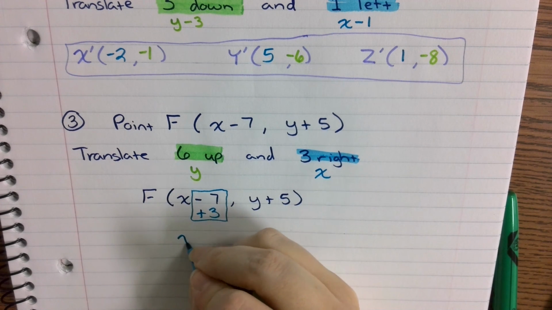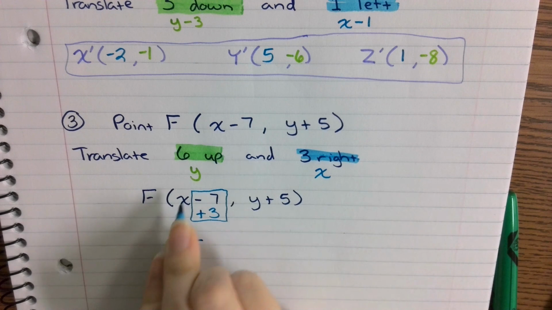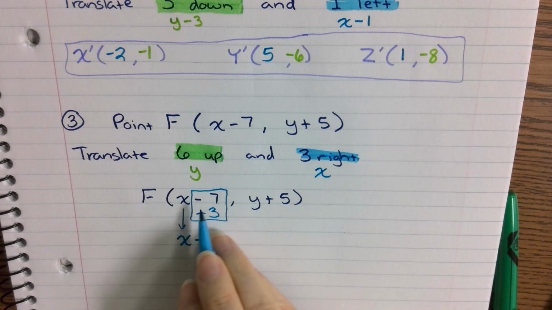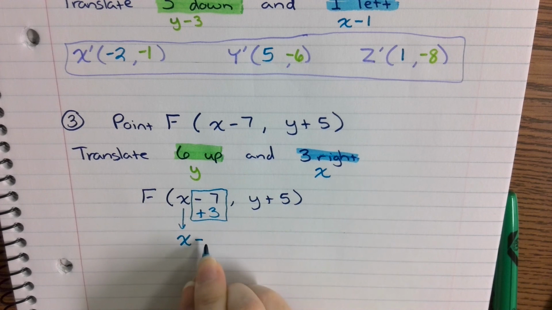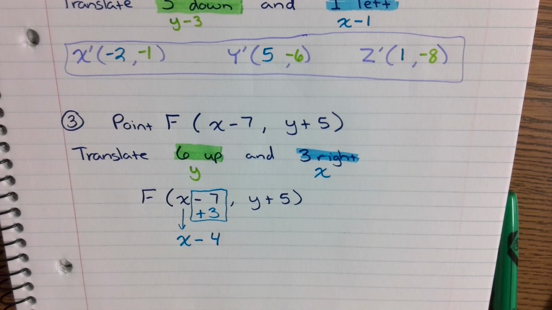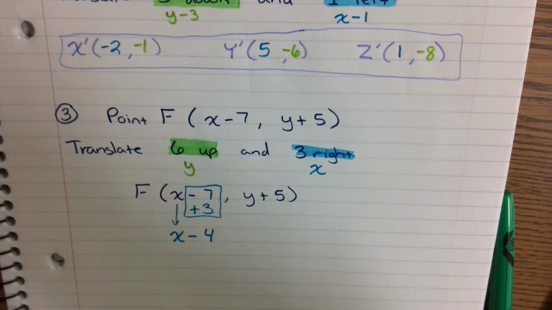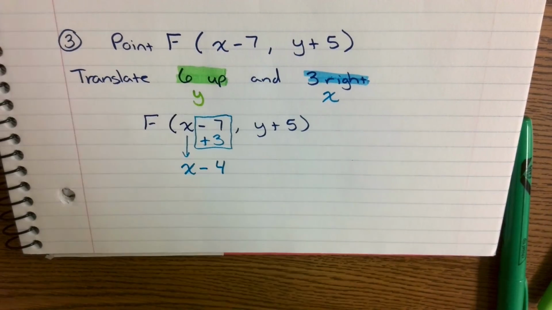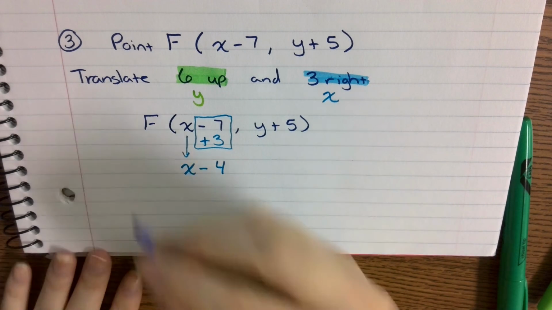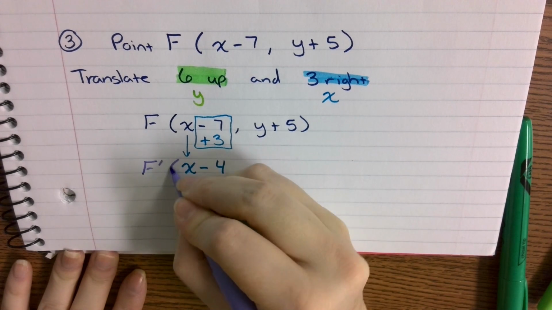So my newly translated figure is going to be x, that x is going to come down, and then negative 7 plus 3 gives me negative 4, so I put minus 4. That is my newly translated x coordinate. So this is now my F prime.